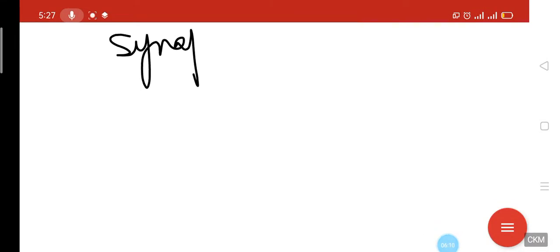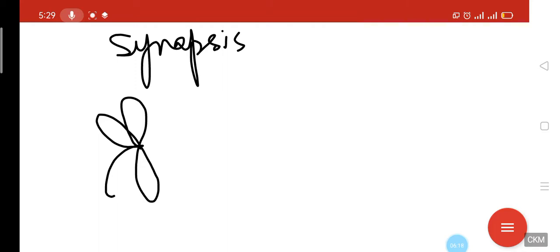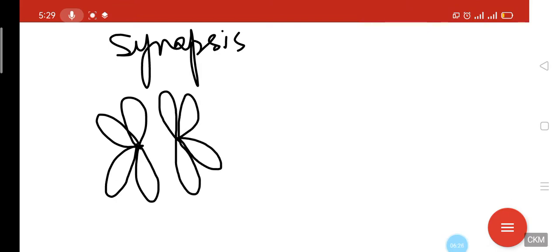After synapsis, basically this is a chromosome having a sister chromatid. It aligns with the chromosome that is its homologue. After synapsis, the next step is chiasmata.